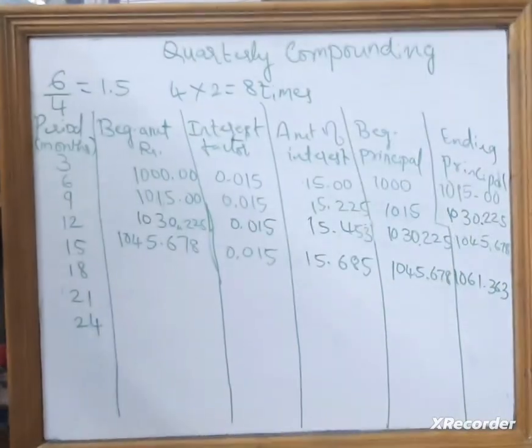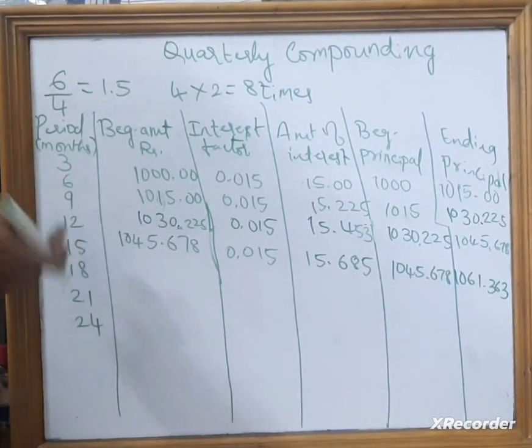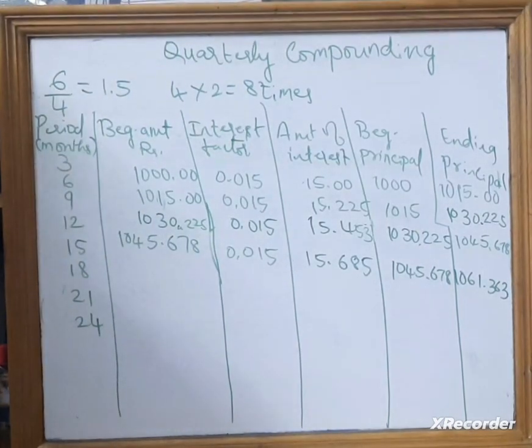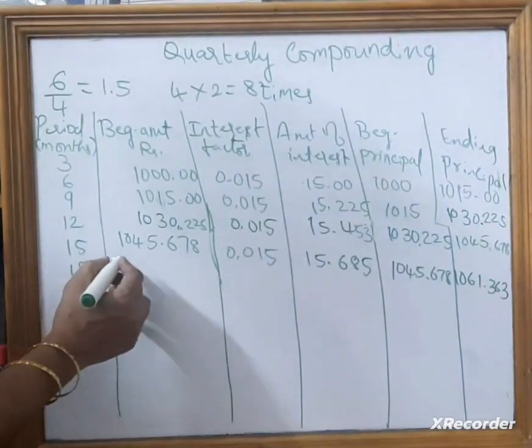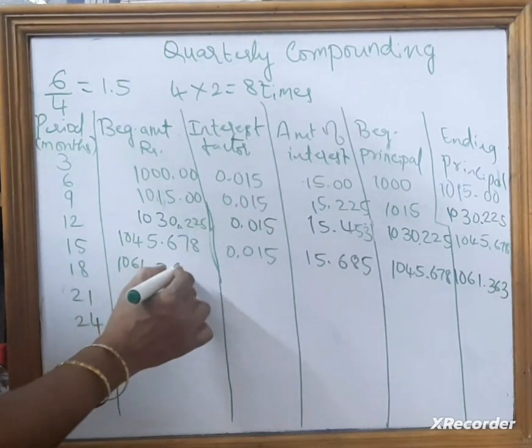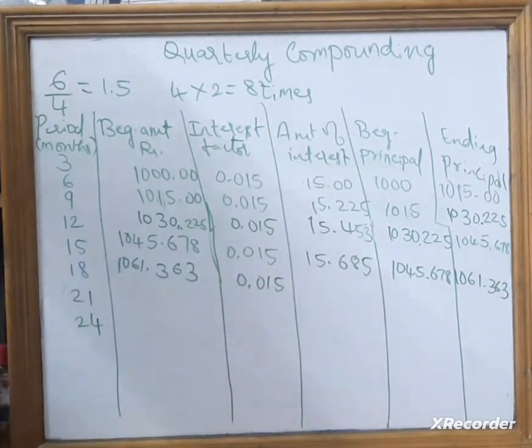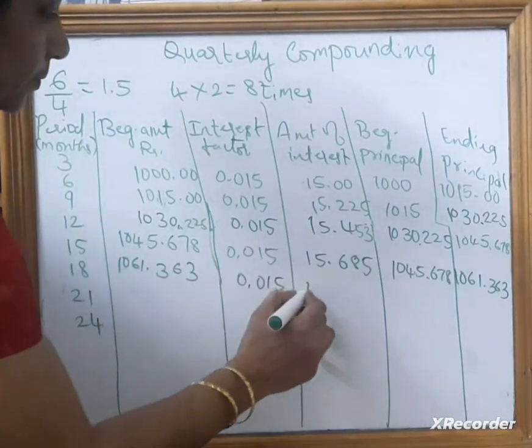Now this is the beginning of the second year, or the beginning of the 13th month. The beginning amount is 1061.363. Interest on this is 15.920.